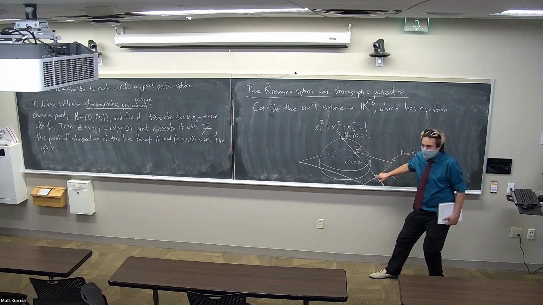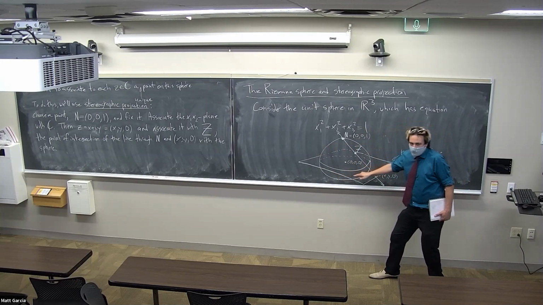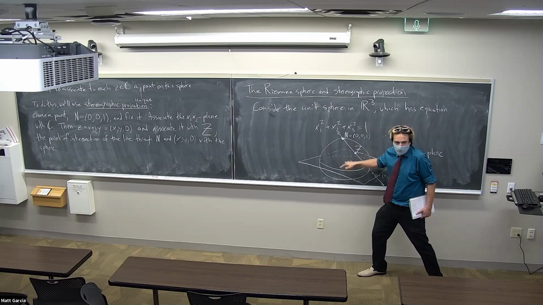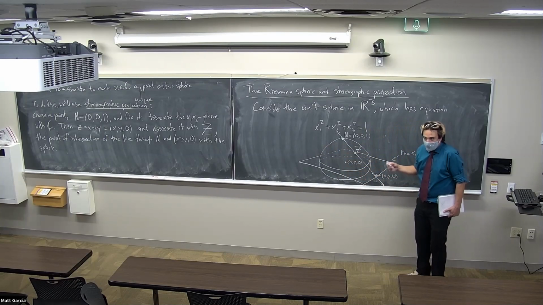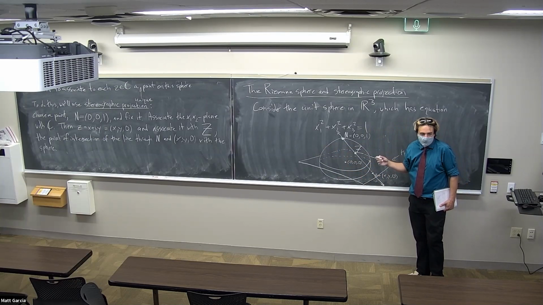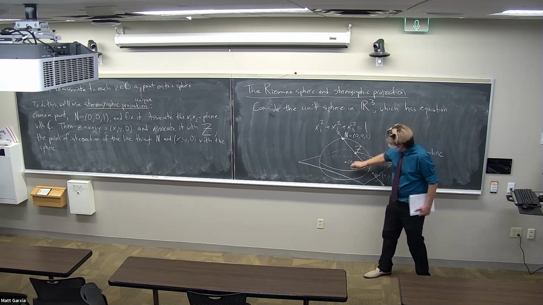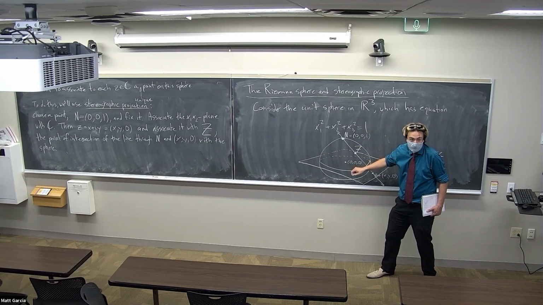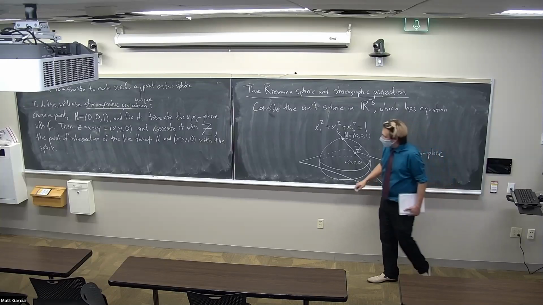Right? And the southern hemisphere corresponds to all the complex numbers that have modulus less than 1. Right? And the complex numbers which have modulus exactly 1 is just this great circle of the sphere that actually lies on the plane. Good. Great observation.